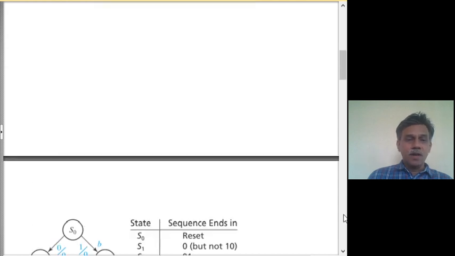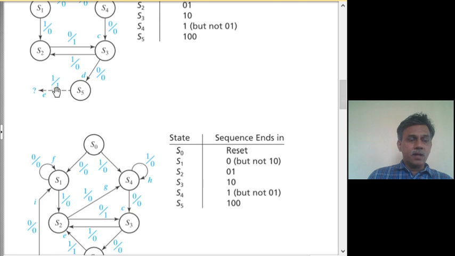So, what we can do is go to S2, because that way a 1, 0, 0, 1 followed by a 0 will go to S3. Okay, we will handle overlapping of 1, 0, 0, 1 and 0, 1, 0.